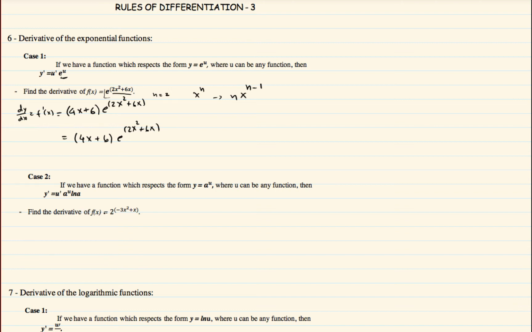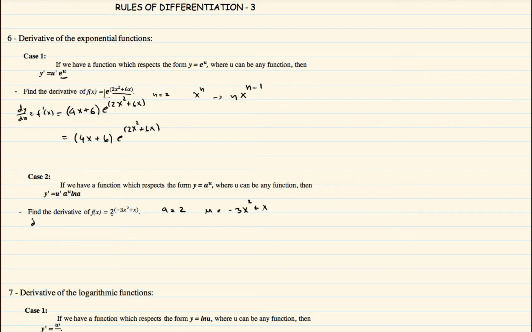Look at the example. So this is the power and this is the constant in place of a. So our a is 2. And our u is minus 3x squared plus x.